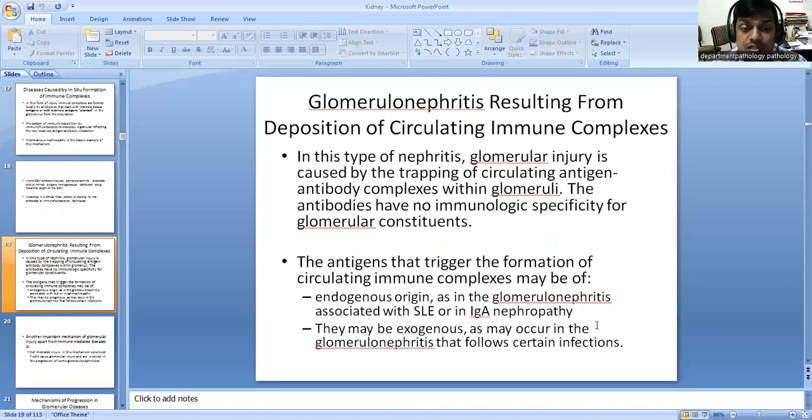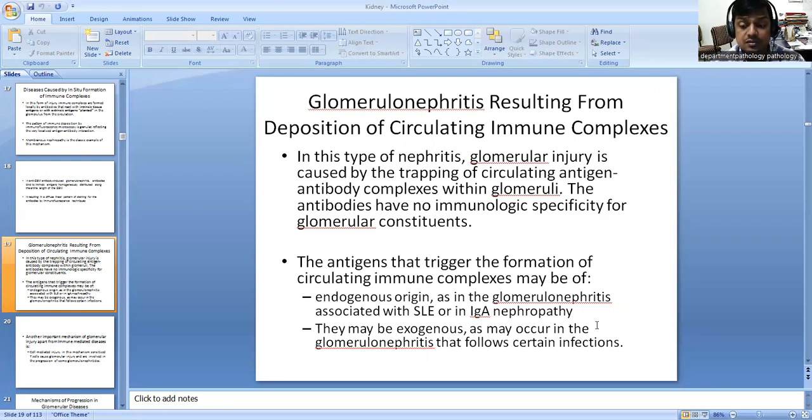Glomerulonephritis resulting from deposition of circulating complexes. In this type of nephritis, glomerular injury is caused by the trapping of circulating antigen antibody complexes within glomeruli. The antibodies have no immunologic specificity for glomerular constituents.